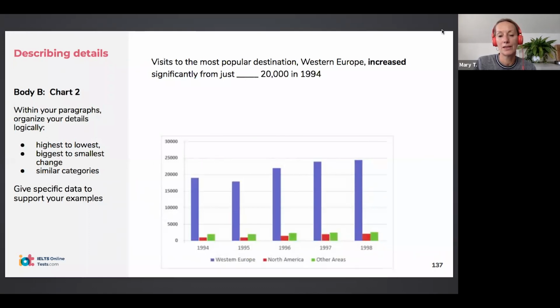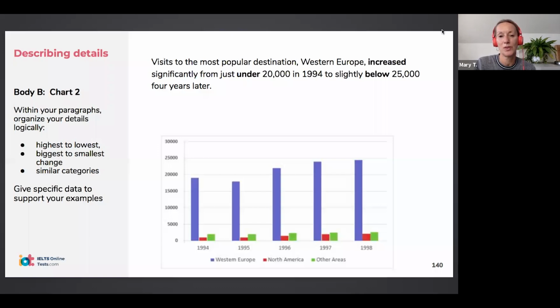From just, okay, if you look at 1994, so just what, 20,000? Just under, yep, under is okay, or you could say below as well. Just under 20,000 in 1994, to slightly below, yeah. So if you use below first, you would use under there.